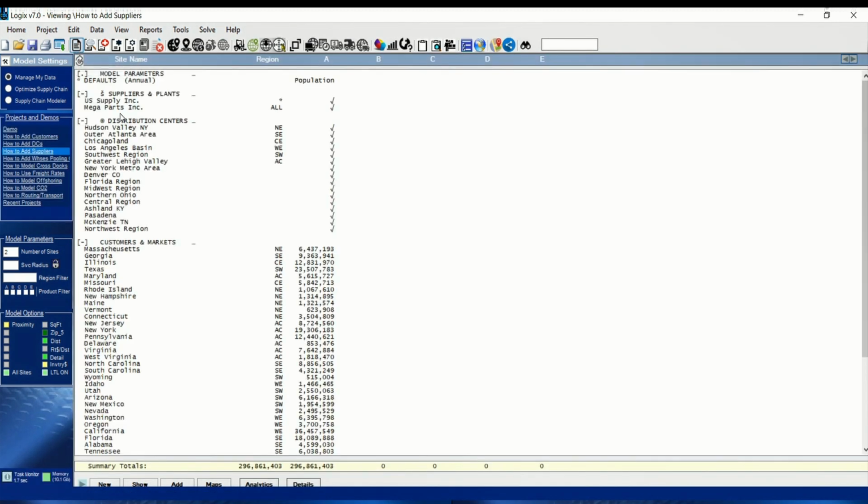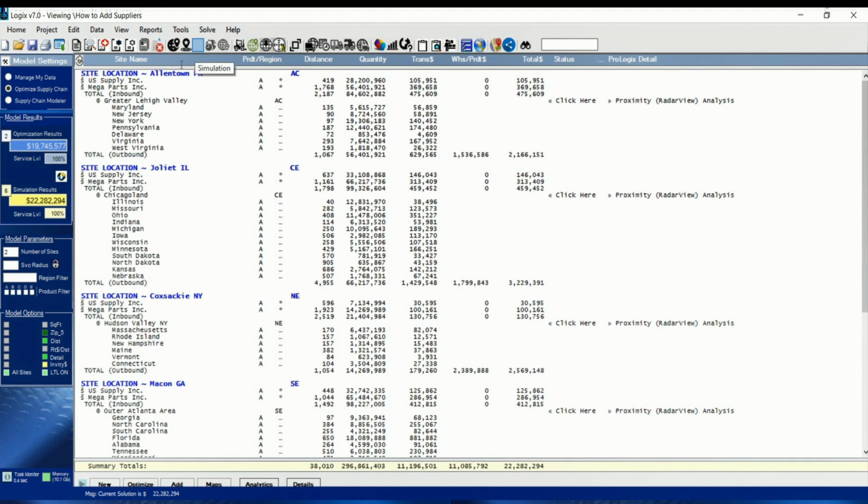Clicking on Show Data, and again, here's our original problem. You can also run a simulation of your problem, as we did before, by clicking on Simulation. And again, we have our 6-site solution at $22.2 million. But again, here we have our suppliers also represented in our solution.